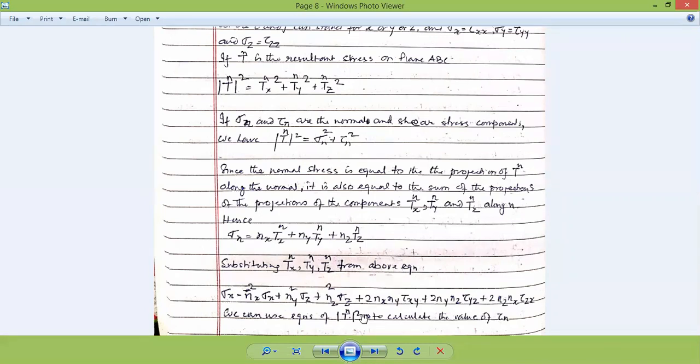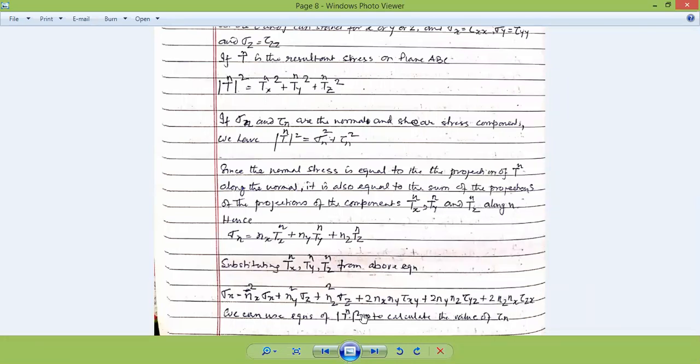So this is the method of using Cauchy's formula to calculate the normal and shear stress at a point. When the direction cosines of the normal are known, it means we know the orientation of the plane, because the normal defines a particular plane, giving you the cosines of the angles subtended by this normal to the x, y, and z axes.